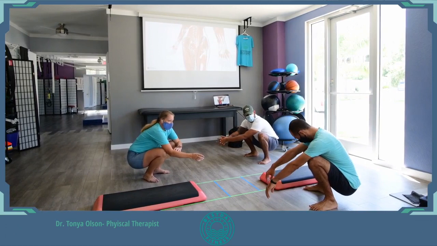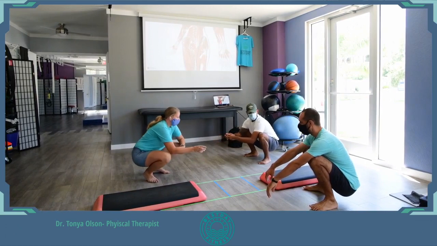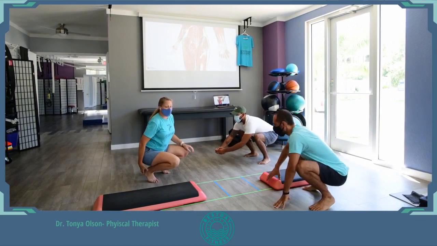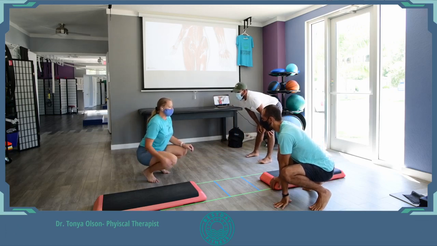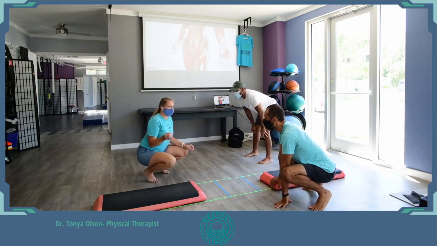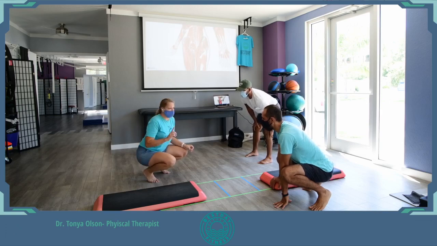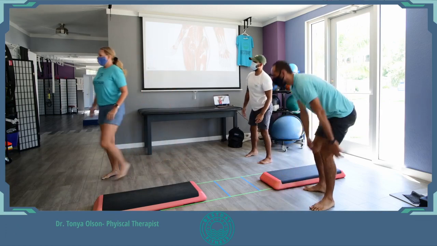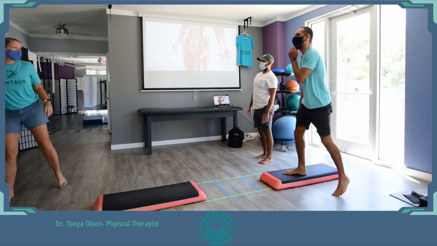And so play around with that a little bit, because something else I would look at is if they're able to get into the squat but their heels are up, that's more often because they have shortened tissues in their calf complex, and you can screen that just by supporting the heel.